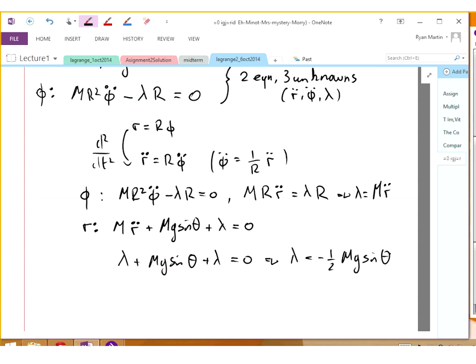And so what is this lambda equal to minus a half mg sine theta? Well, remember somehow lambda is related to this constraint of rolling without slipping. Something to do with the force that's related to rolling without slipping. And so lambda is equal to 0 if theta is equal to 0.